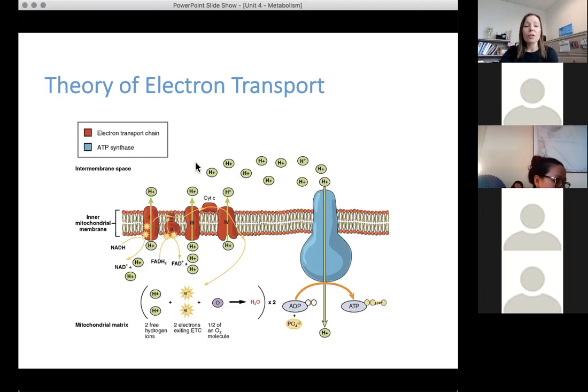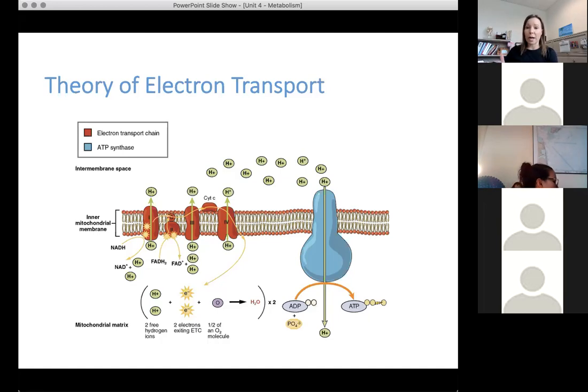Now you can see all of these hydrogen ions, you can see the direction that they're moving out, and now they all start accumulating out here in this space. So here is where you finally can see how ATP gets made. As hydrogen ions are allowed to diffuse back in, because once you have a high concentration out here, things always want to naturally move from where there's a high concentration to where there's a lower concentration.